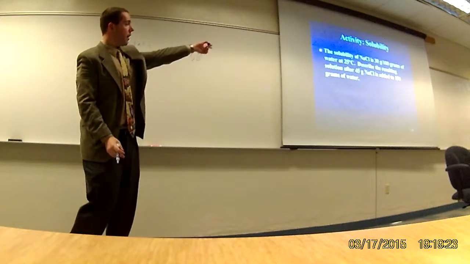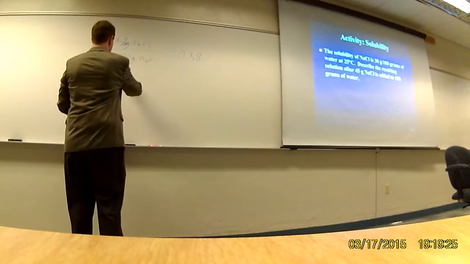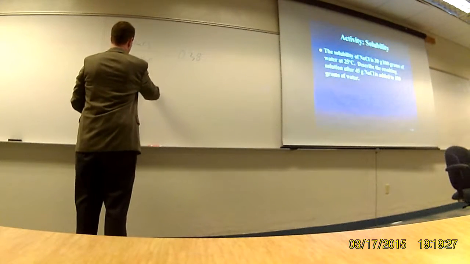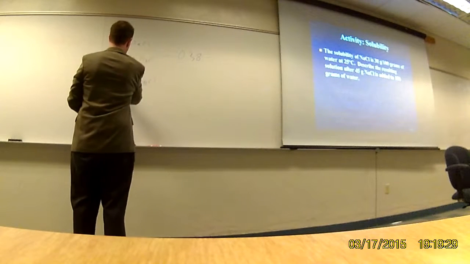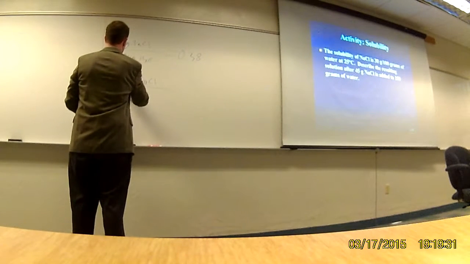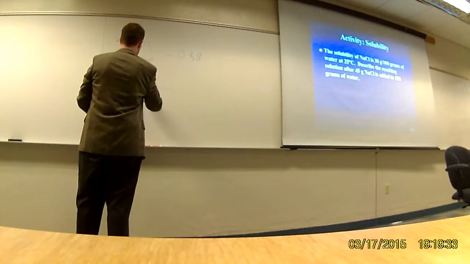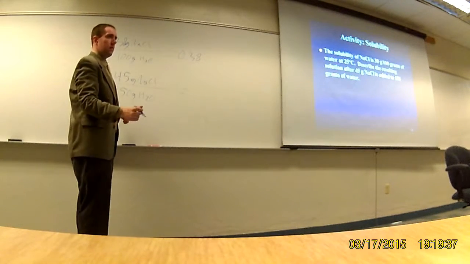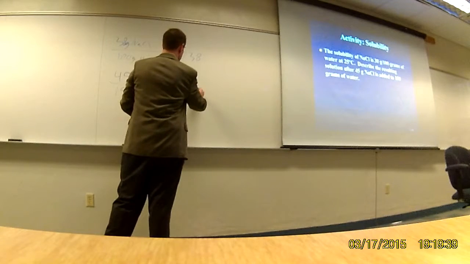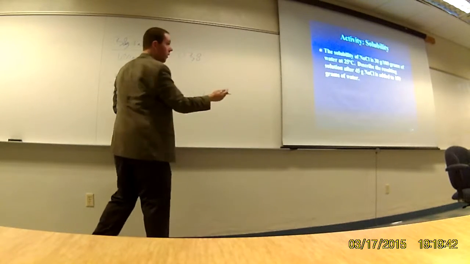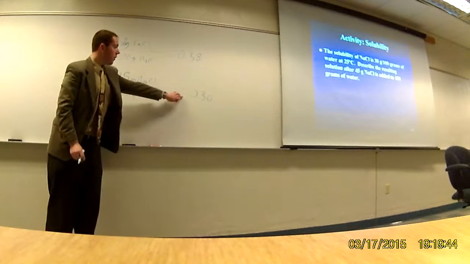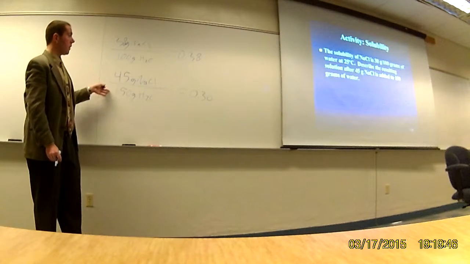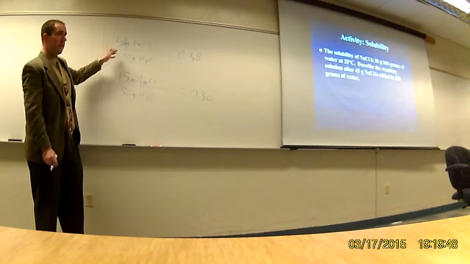Okay? Then he took the ratio for the other one. He said 45 grams of NaCl divided by 150 grams of water, and you got what? 0.30. So this one, there's less salt per water than in this one.